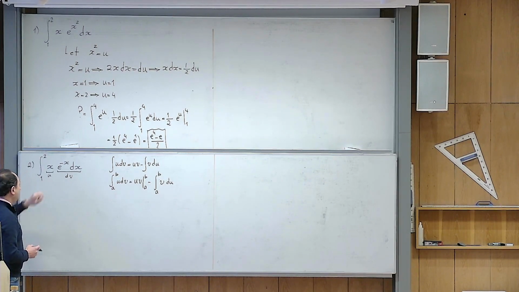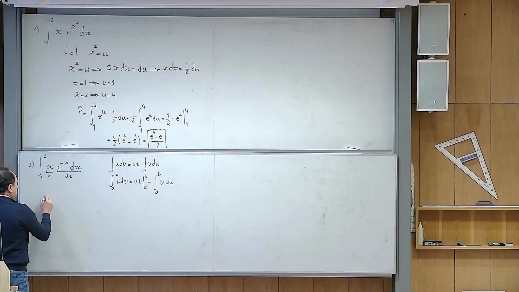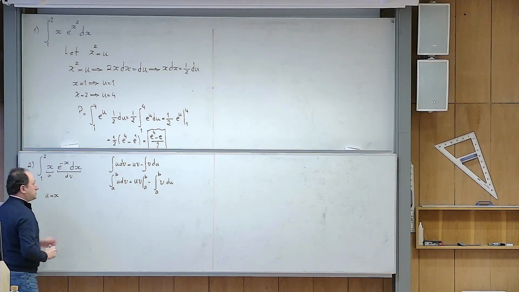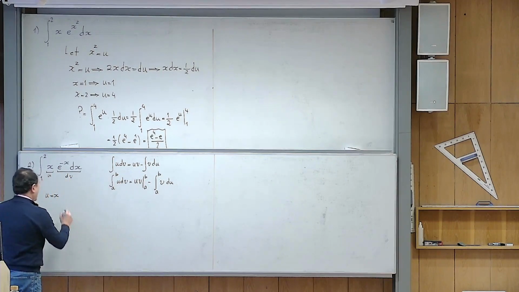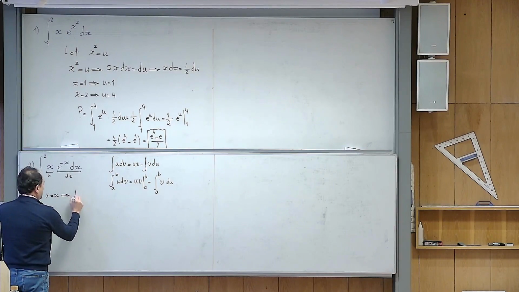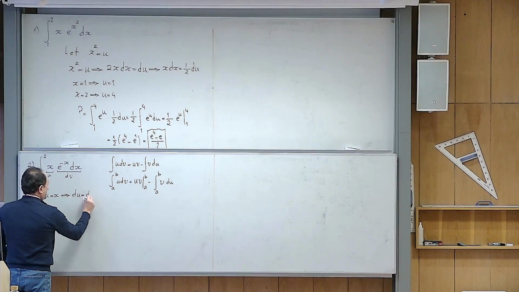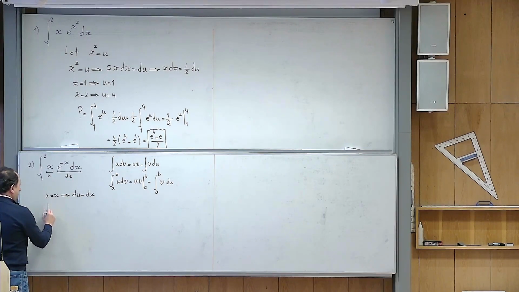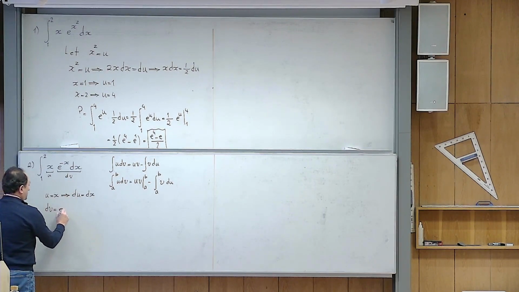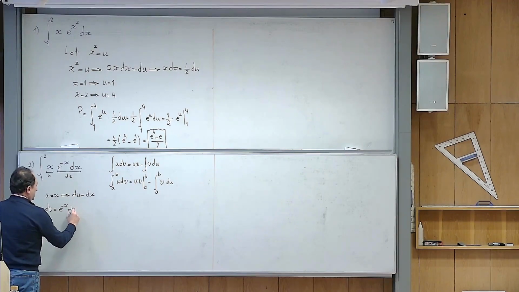In this case, I take my u to be x, and I also need du on the other side, so du is just dx. And this part is dv, which is e to the power of minus x dx.